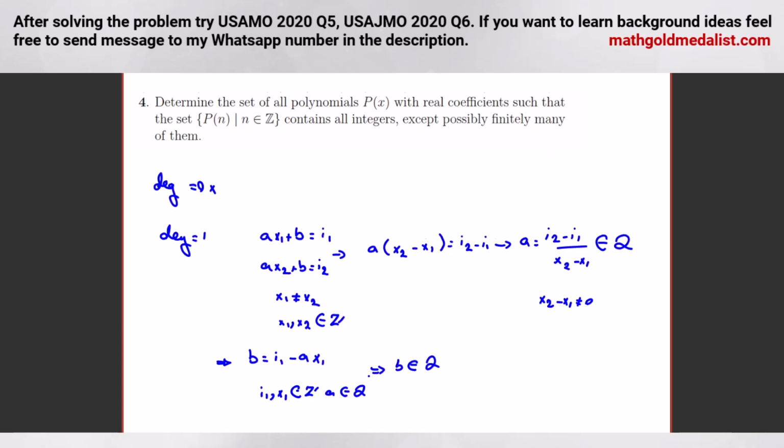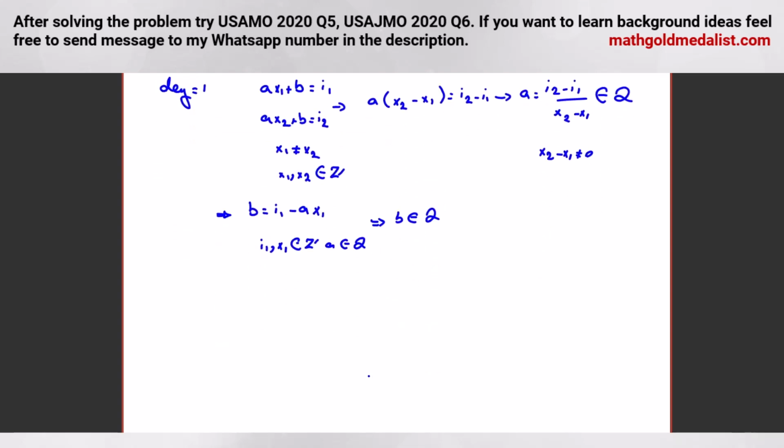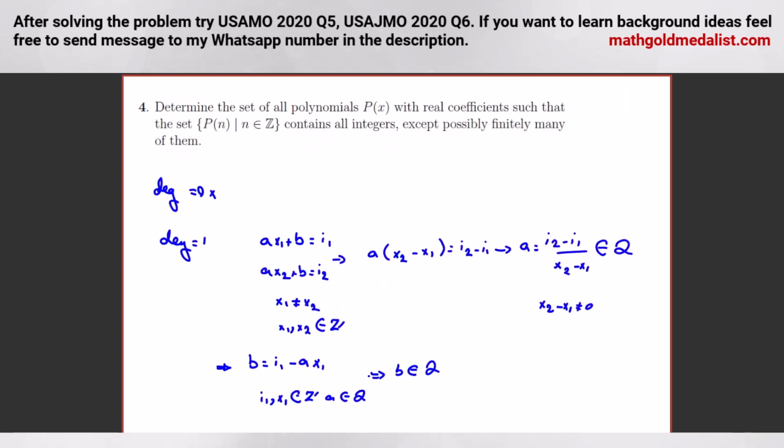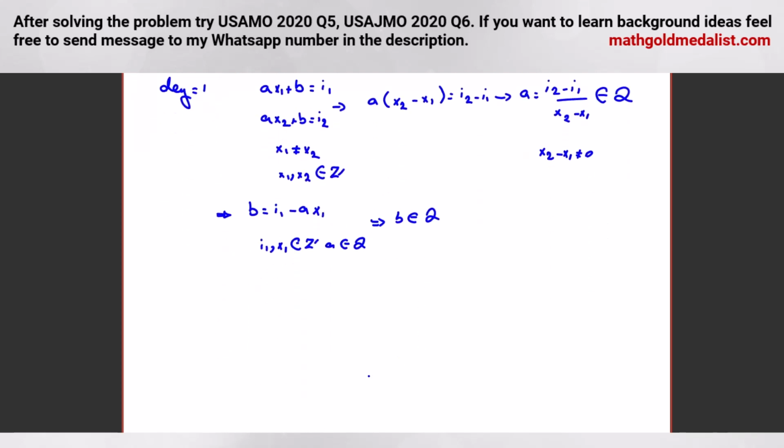Okay, now that we found this, we know P of x is, for example, we can write C over D x plus E over F. For ourselves I used the same variable, but if you want to write on an answer sheet, it's not good to use the same variables, okay?